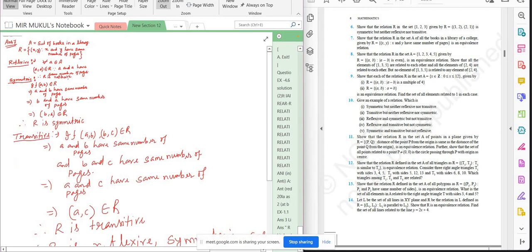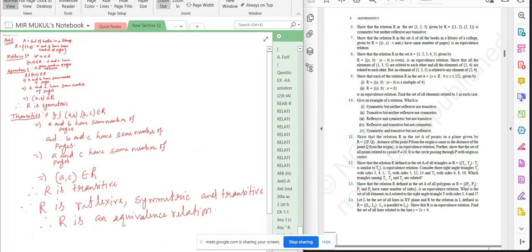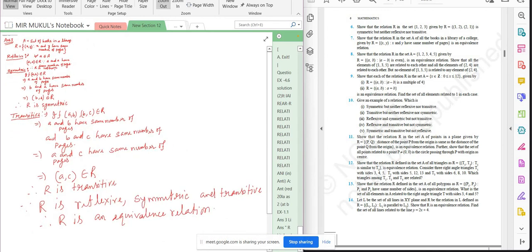So from here we can say A and C have the same number of pages. Therefore, (a, c) also belongs to R. It means R is transitive. So, since R is reflexive, symmetric and transitive, therefore R is an equivalence relation. Understood? Understood, sir. Okay. Now, come.